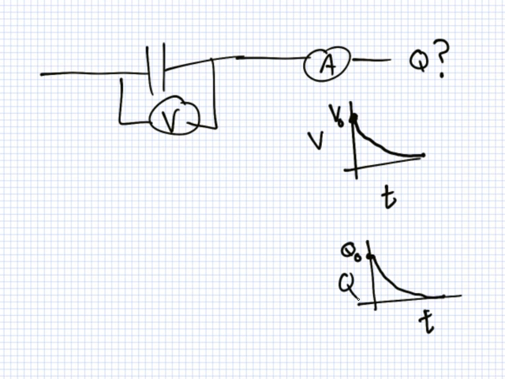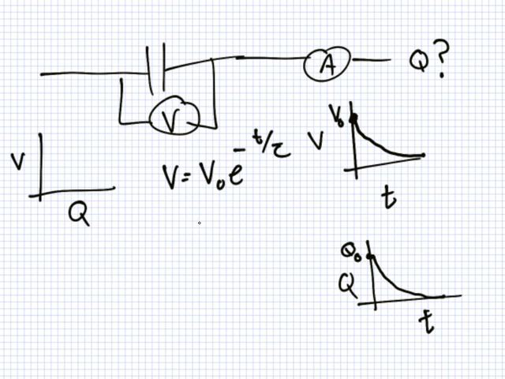And that's Q there. Now, if I want to make this graph, what do I put here? V and Q. Let's see what happens here. I think it might be linear, because you can say V equals V0 e to the minus T over tau. And you can also say Q equals Q0 e to the minus T over tau.